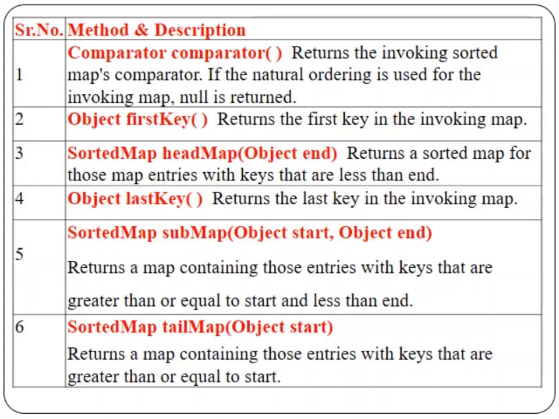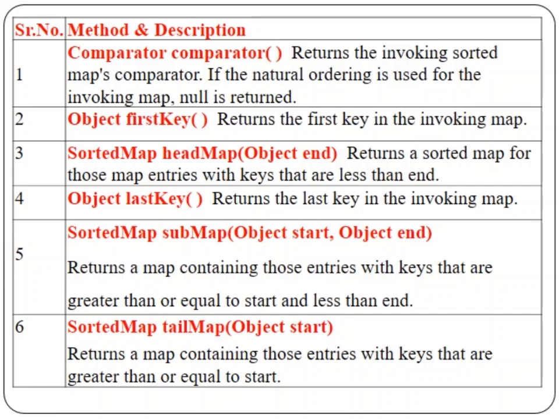The comparator is a method which is used to compare the elements from the map. If the natural ordering is used for invoking the map, null is returned. In detail, we will see how the comparator is used in a program when you compare the elements available in the collections.